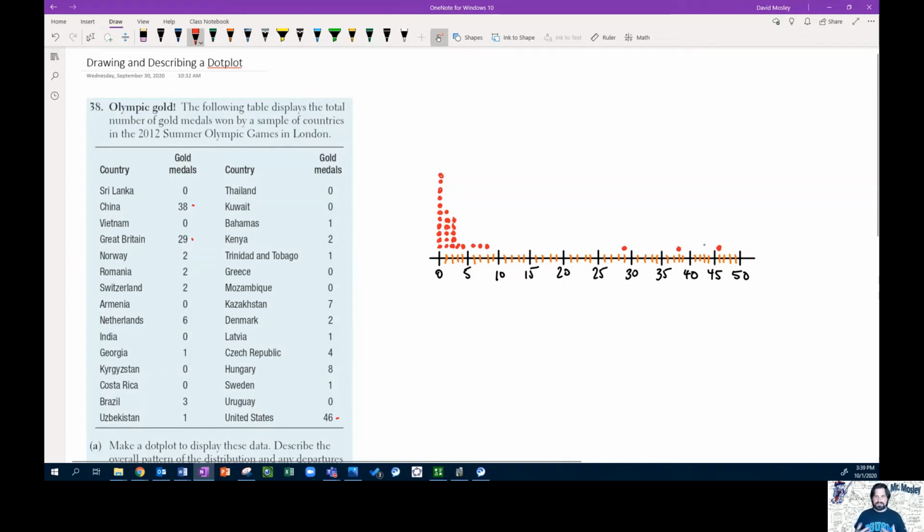Just that simple step of using my calculator to put everything in order saves a ton of time. I now have my completed dot plot. Didn't take that long.